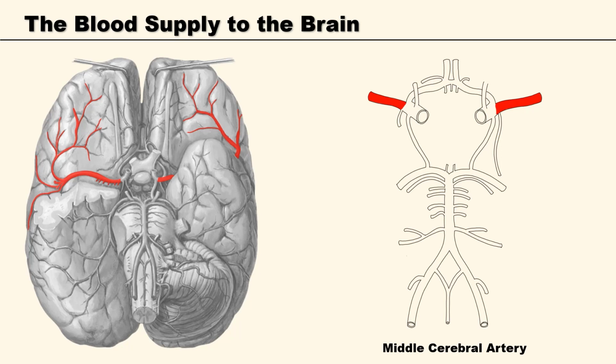The internal carotid also gives off two anterior branches, called the anterior cerebral arteries. These travel deep within the sagittal fissure of the telencephalon between the two hemispheres, and supply the most medial 1 centimetre of each hemisphere and the medial surface of the brain, as far back as the caudal parietal lobe.